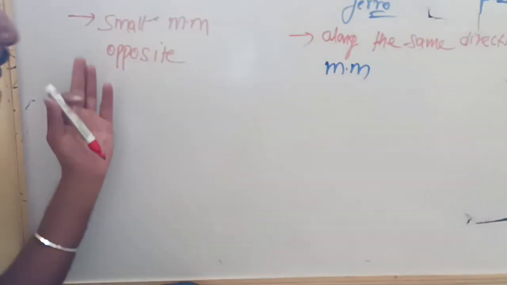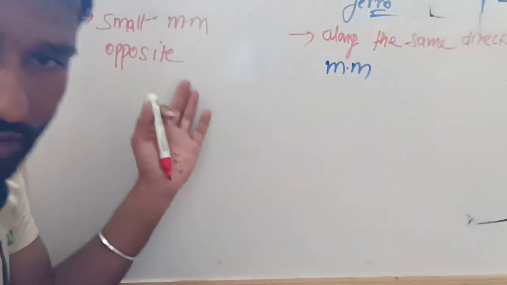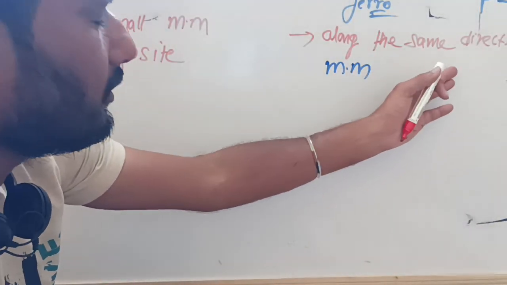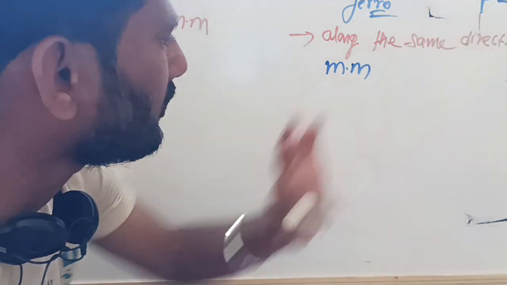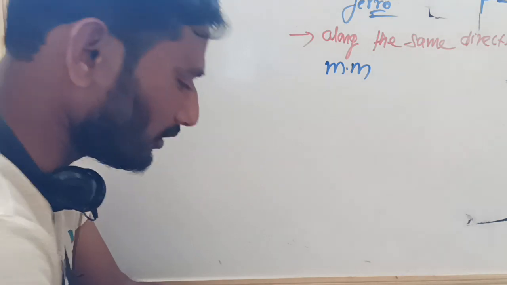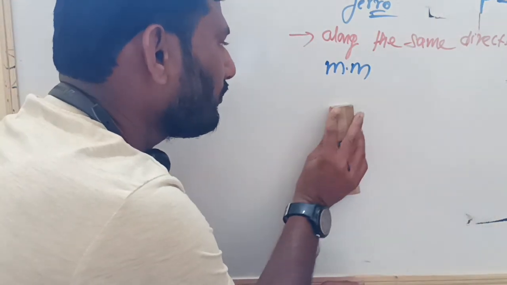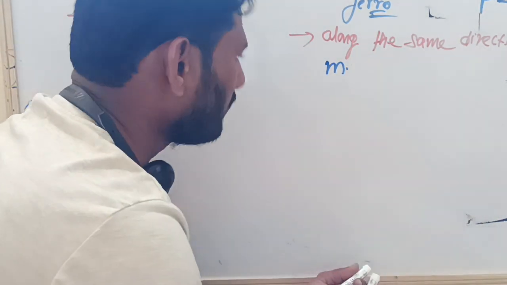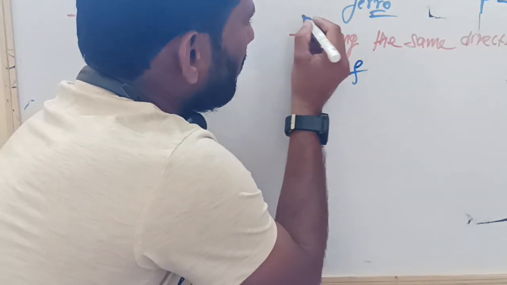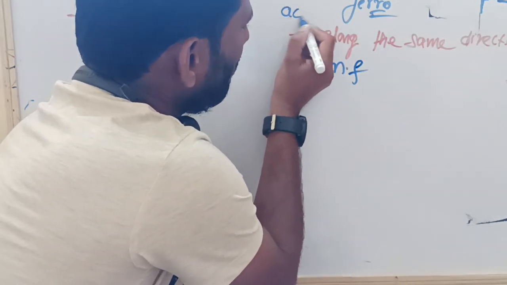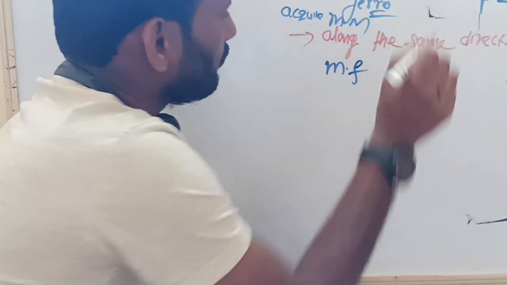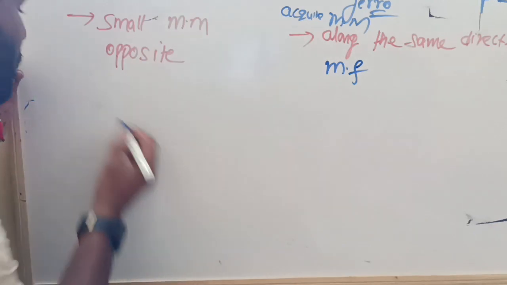Diamagnetic materials acquire small magnetic moment in a direction opposite to the applied magnetic field, but these will acquire magnetic moment along the same direction of the magnetic field.